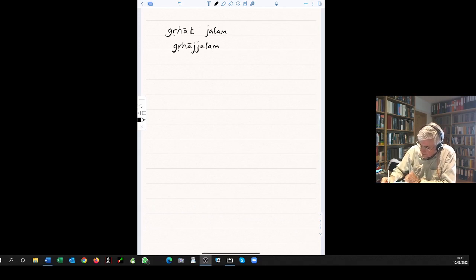And of course it's written as well in Devanagari. Griha, with a double j, so j plus j, written like that. So grihad jalam. Sorry, the line's broken. Grihad jalam.